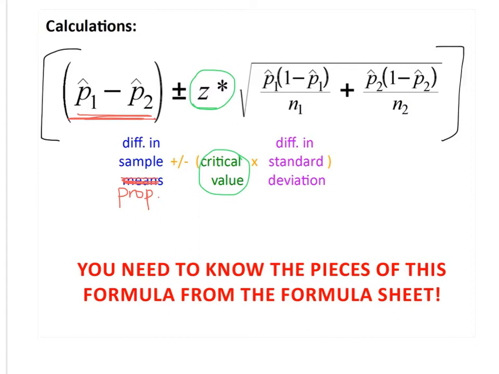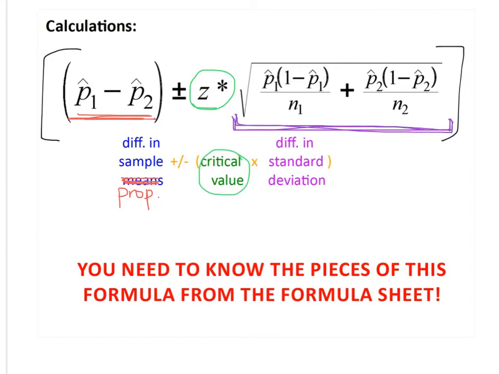And then I have this giant formula, the difference in my standard deviations. Woof, that's a really big formula. But if you look at your formula sheet, the packet that you got on the last quiz, this is on there.